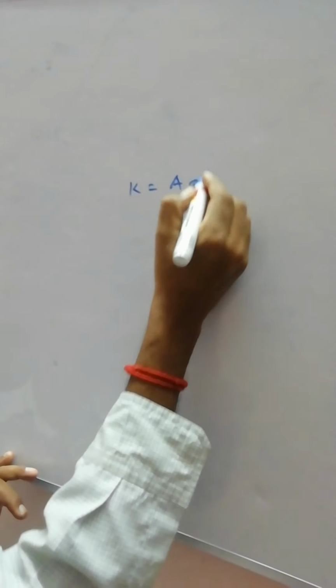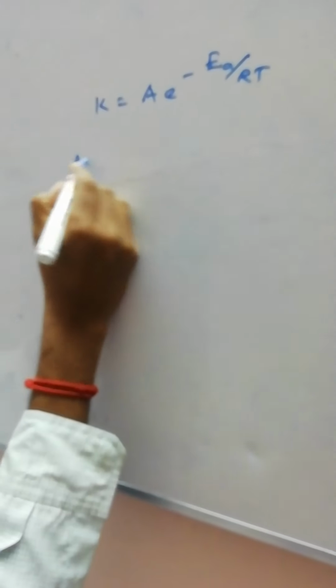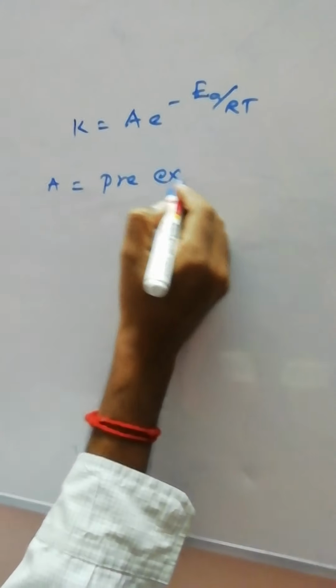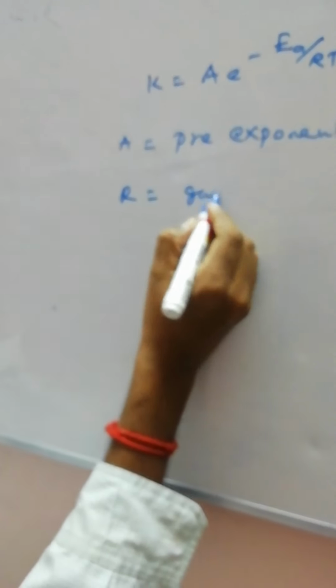The scientists J.H. Van't Hoff and Arrhenius found the relation between temperature and the rate constant with one equation. K is equal to A e power minus Ea by RT. A is the pre-exponential factor. R is the universal gas constant.